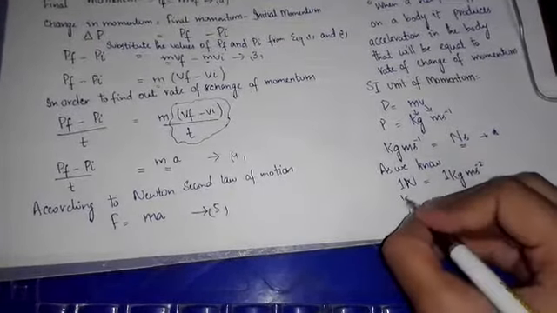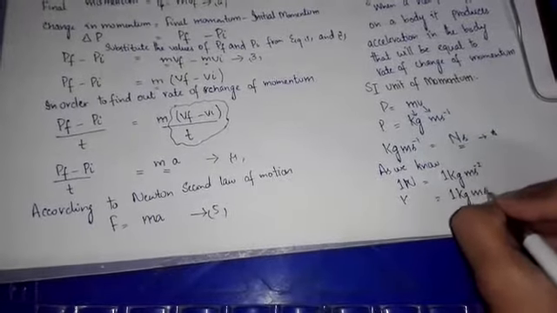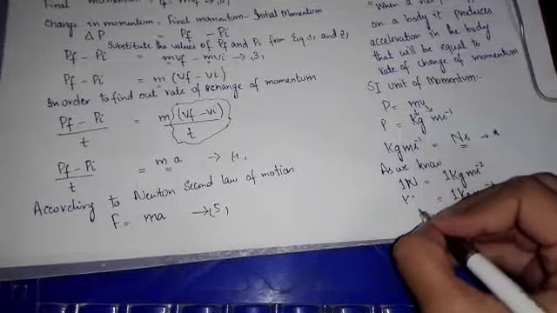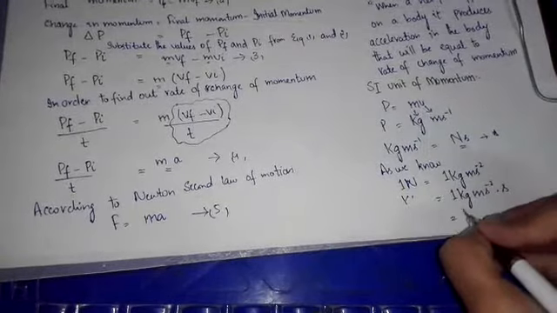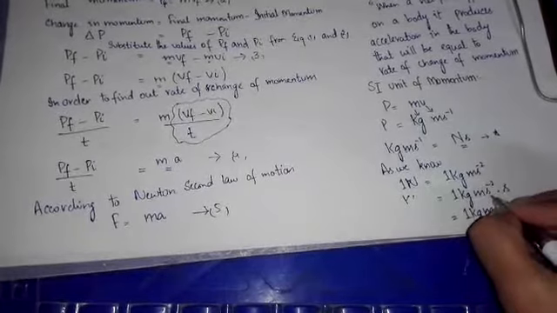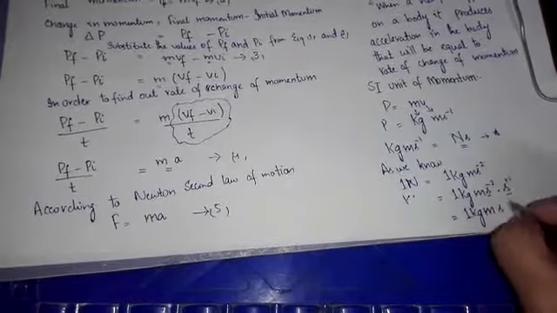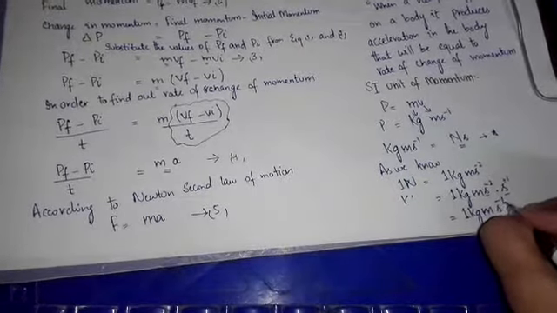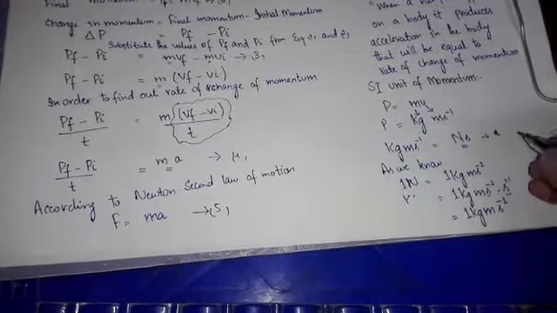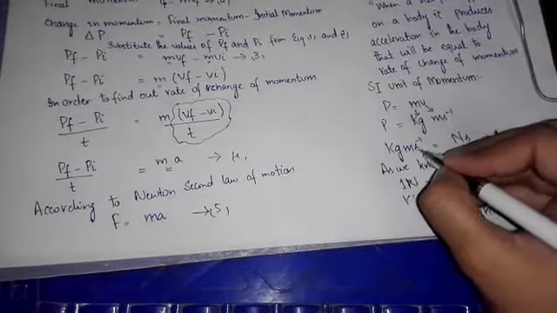So Newton second is 1 kg meter per second square into second, right? It is equal to 1 kg meter. If the bases are same, then the powers will be added. So we have 1 kg meter per second. So we can say that the unit of momentum is either Newton second or kg meter per second.